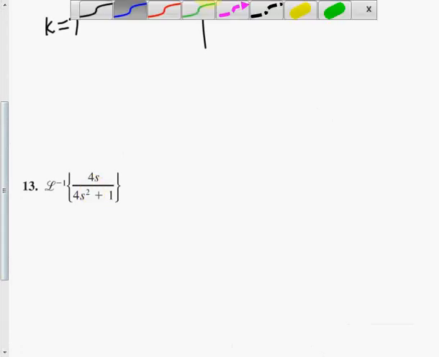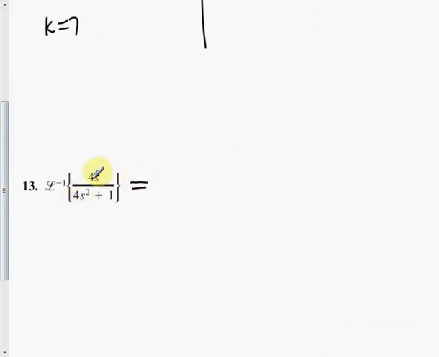This guy, we said that since it has an s up there, it's going to be some type of cosine, but I get two things in the way. It's a 4 in front of that s, and there's a 4 in front of this s squared there. So what I'm going to do first, let's take out this 4 from the numerator. This is 4 times the inverse transform of s all over 4s squared plus 1.